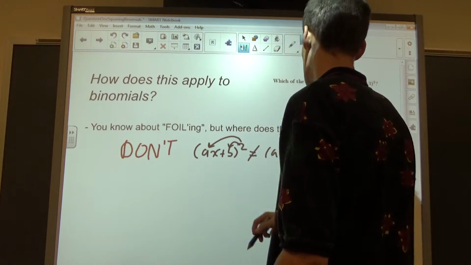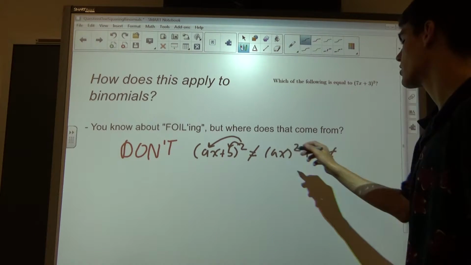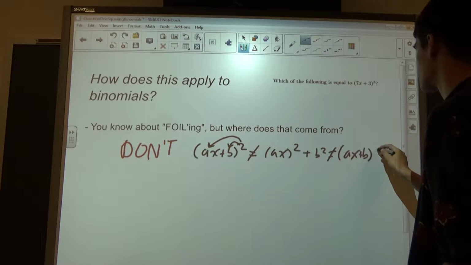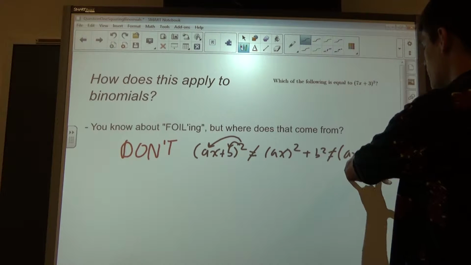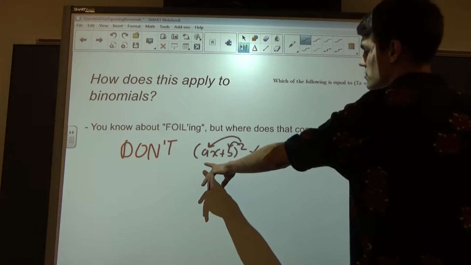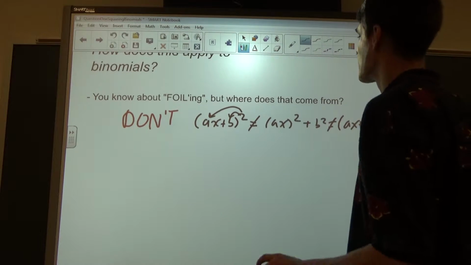That's easy to see because what's really going on when you're squaring things is you're writing it again. That's what squared means. You can already see there's something more complicated going on than just distributing the 2 down. So please don't do that. If you learn one thing from this video, it's to not do that.